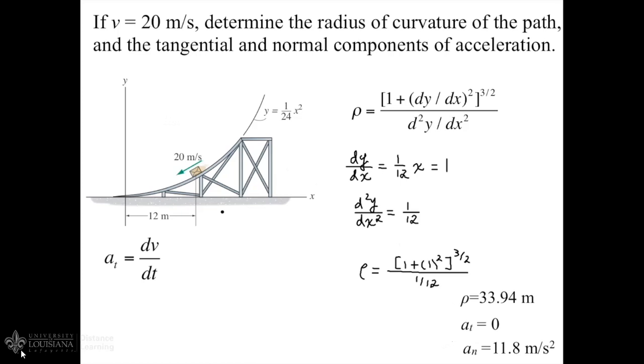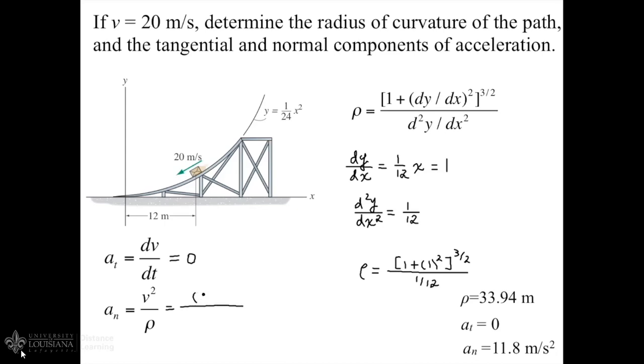In the tangent direction, we know there's no increase in the speed of the particle. The magnitude change of the velocity vector is 0. And so this term is simply d20 dt, or 0. Now we'll get the normal component. There, of course, we take our value of the velocity, which is 20.